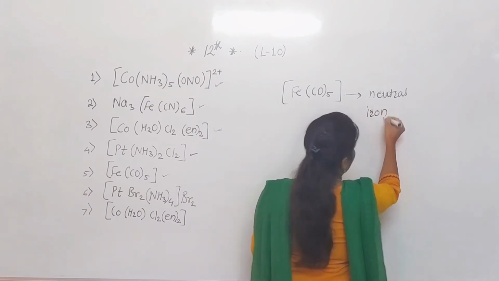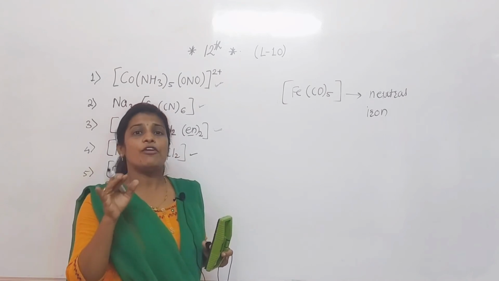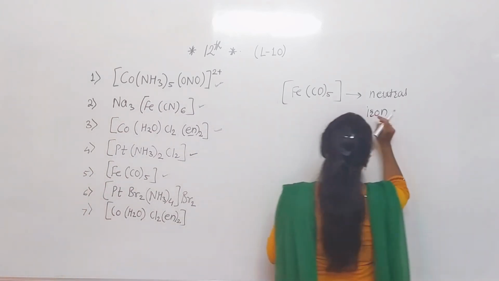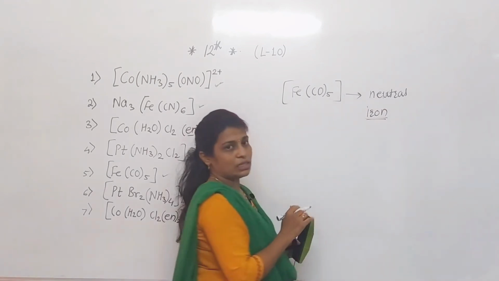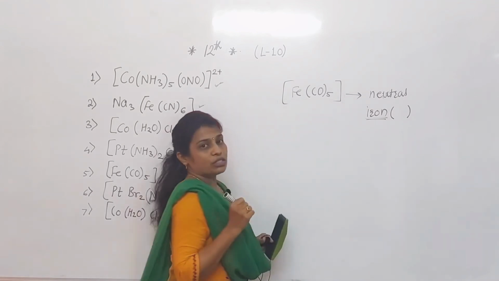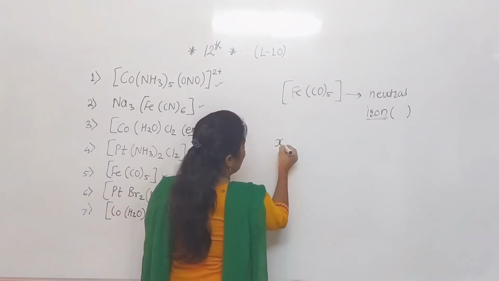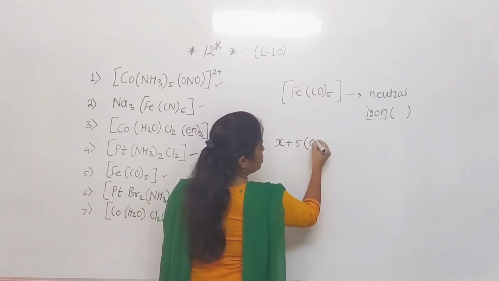If an anionic complex is there, then we write iron as ferrate, but for cationic and neutral complexes we write it as it is. Next step is the round bracket, the oxidation number. For iron X, CO are 5, and the oxidation number of CO is 0.